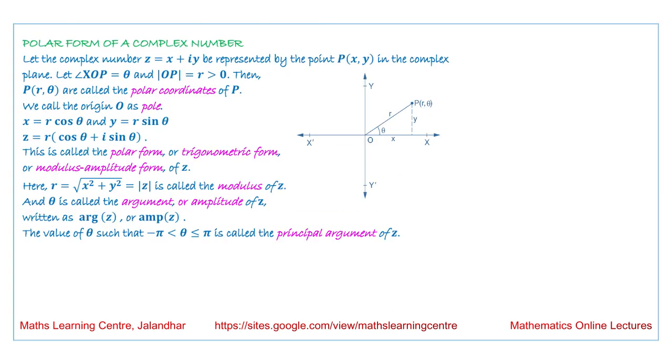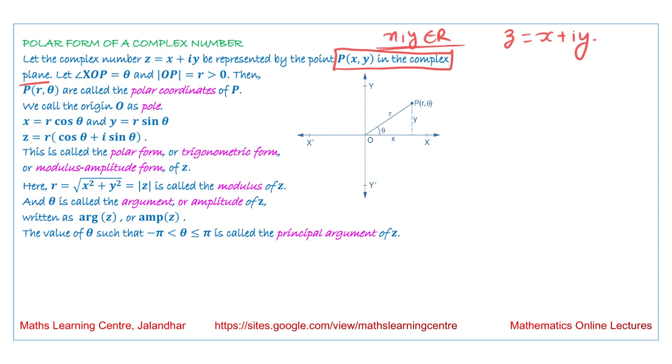Now in this lecture we are more interested in the polar form or the polar representation of a number. When we talk about the polar form, we change the complex number to its polar form. Say z is equal to x plus iota y is a complex number. We know that x and y are real numbers, and this can be represented as the point P (x, y) in the complex plane.